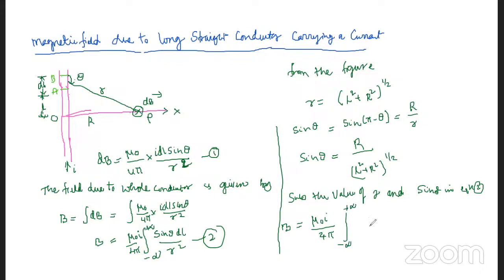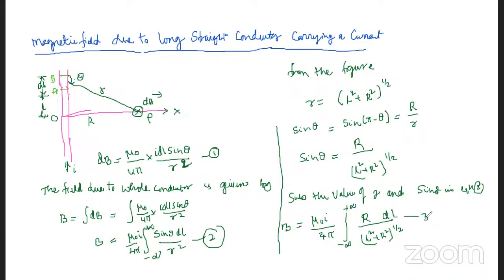In place of sine theta we have R by L square plus R square whole to the power of half, so it will be R by L square plus R square whole to the power of half into DL.